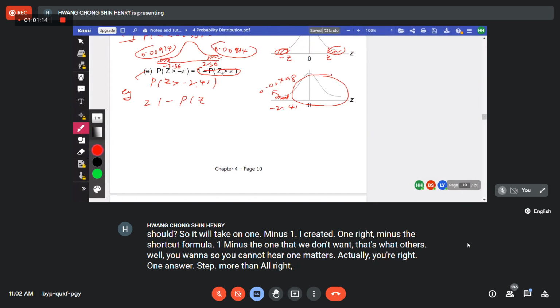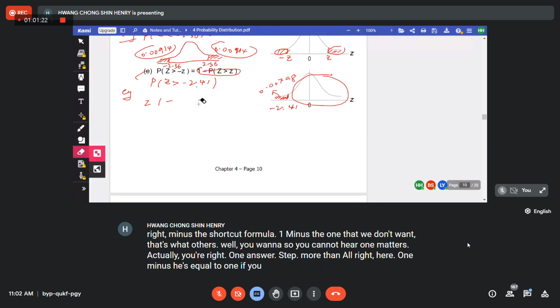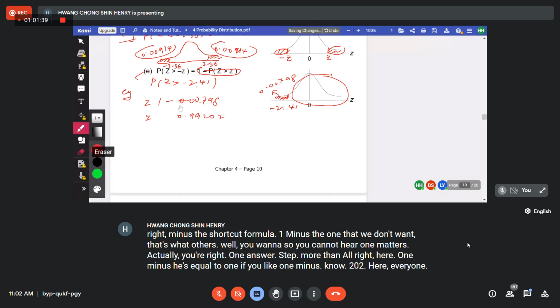Or you can write here 1 minus P(Z ≤ 2.41). If I don't want to confuse you, you just straight away write 1 minus 0.00798. Okay, calculator, 0.202. Here, everyone.